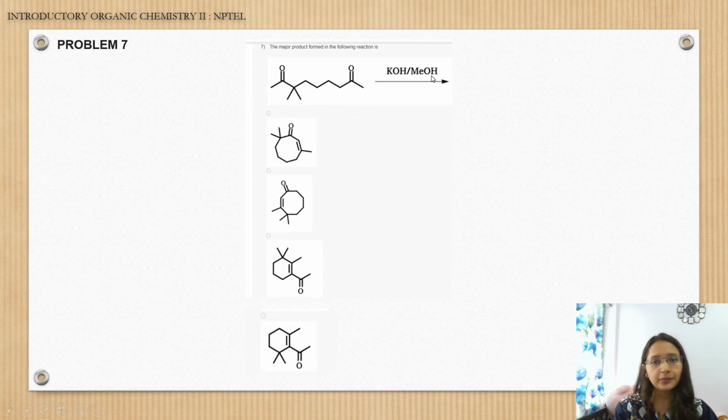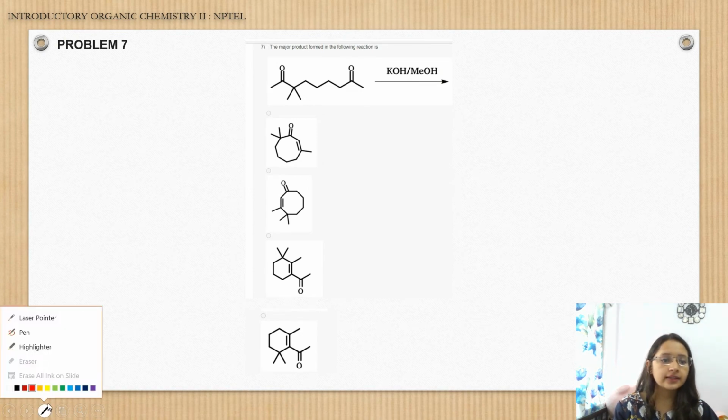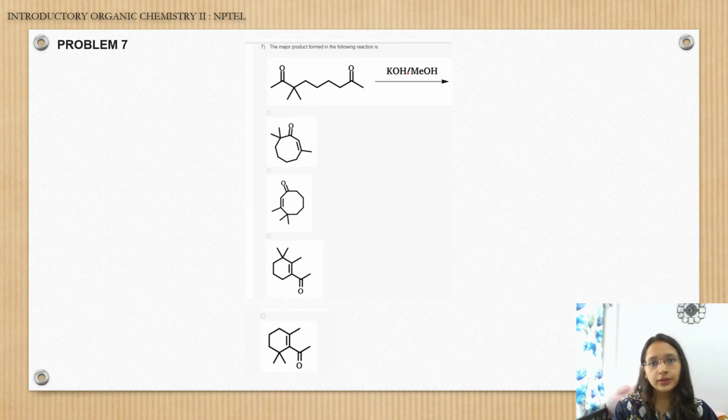Now, when you have a base in the system, it will either abstract the alpha hydrogen or add as a nucleophile. This system, as you know, has alpha hydrogens on this side, and also on this side.